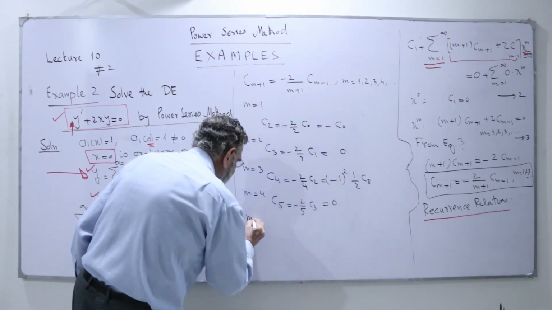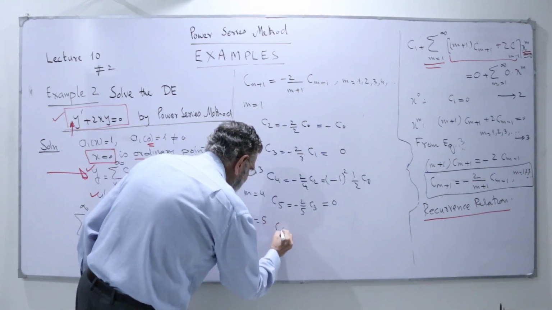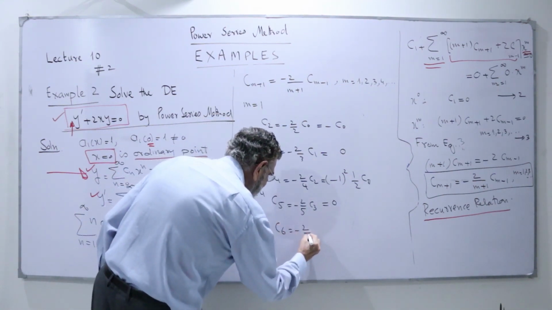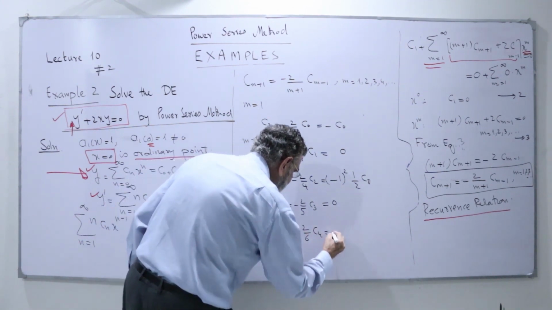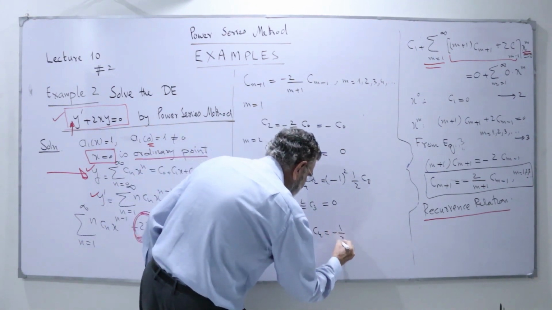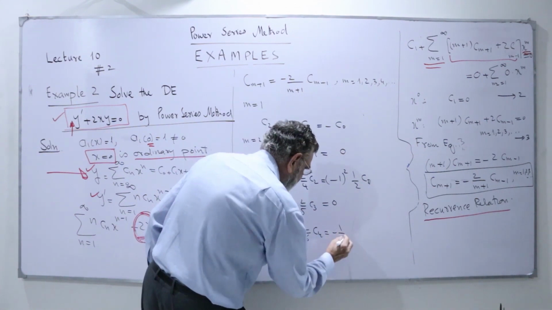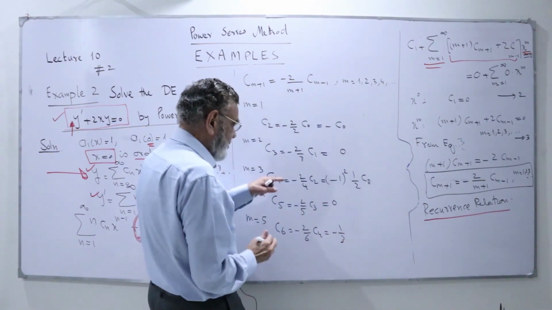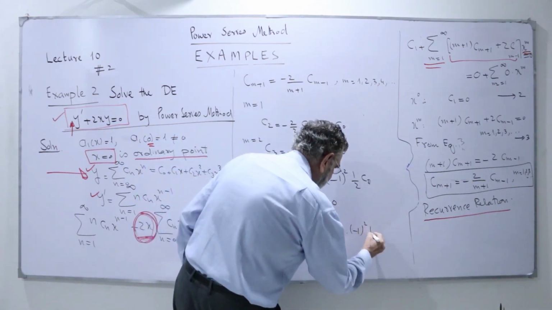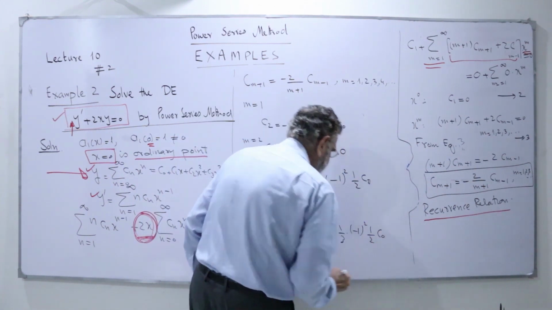For m equal to 5, I get c6 equal to minus 2 upon 6 c4, and this becomes minus 1 upon 3 c4. What's the value of c4? The value of c4 is minus whole square 1 upon 2 c0.